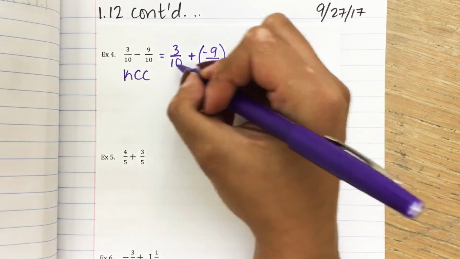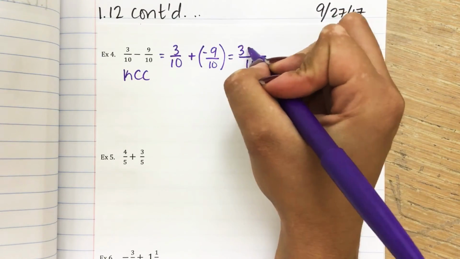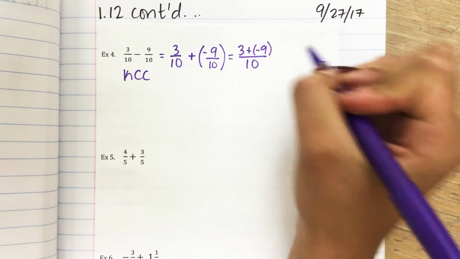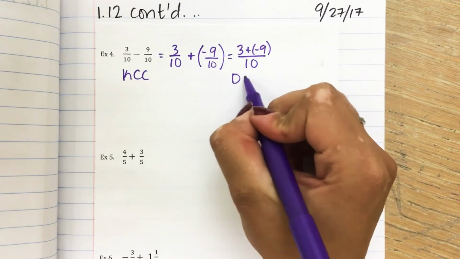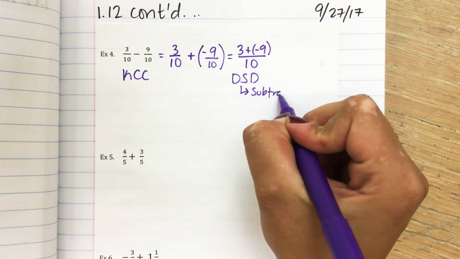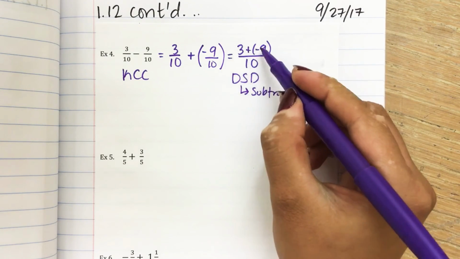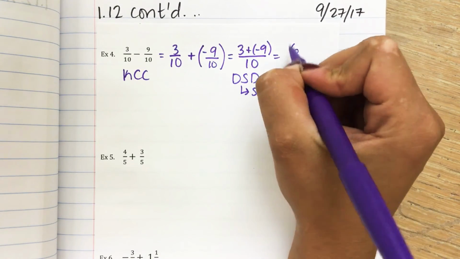So we have the same denominator, and I'm going to go ahead and add the numerators. They're different signs, so I'm going to do DSD. When I do DSD, I subtract. So I need to do 9 minus 3, which is 6.